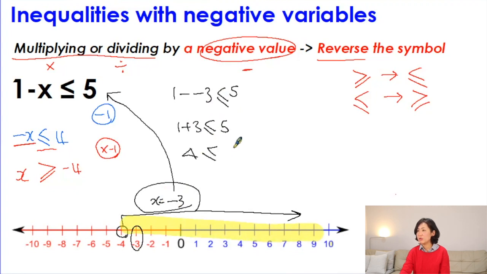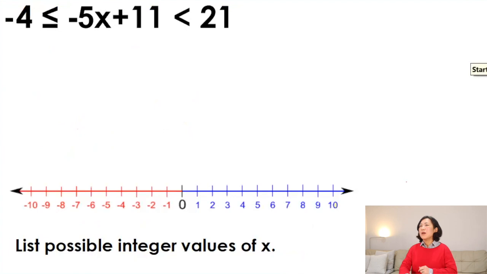So this is true, and we can say the solution is right. So remember, when you times or divide by a negative number, always reverse your symbols. Now this time, since we know that when we times or divide by a negative number we need to flip the symbols, right?